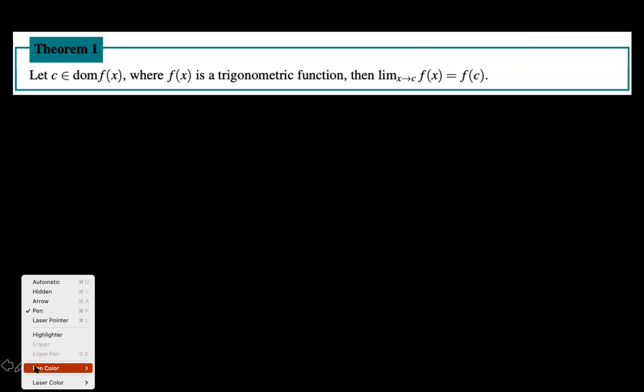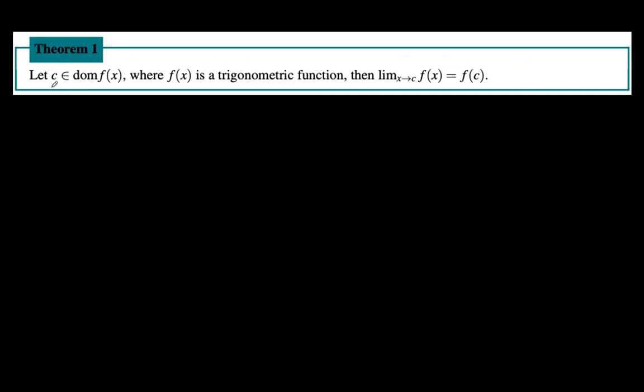Theorem number 1 states that let c be an element of the domain of f of x, where f of x is a trigonometric function, then the limit of f of x as x approaches c is just equal to f of c, which means that as long as c is part of the domain of the trigonometric function, then we can just substitute the value of x, which is c, into the given function to solve for the limit of the given function.